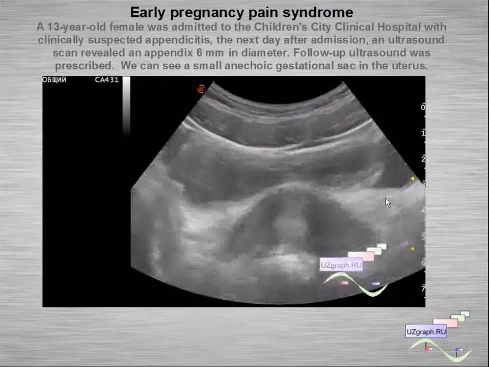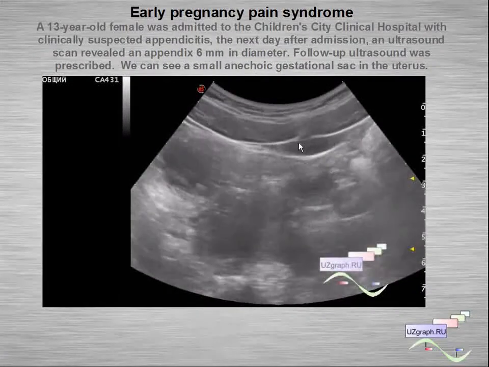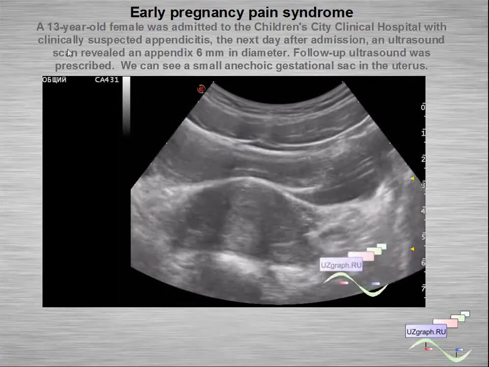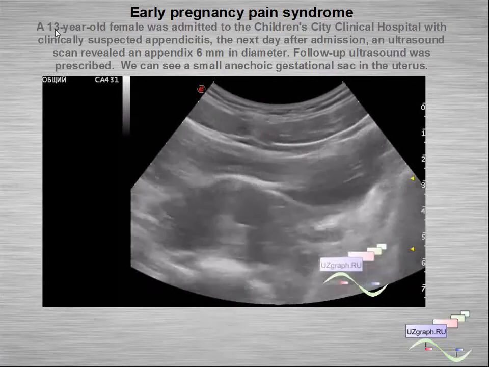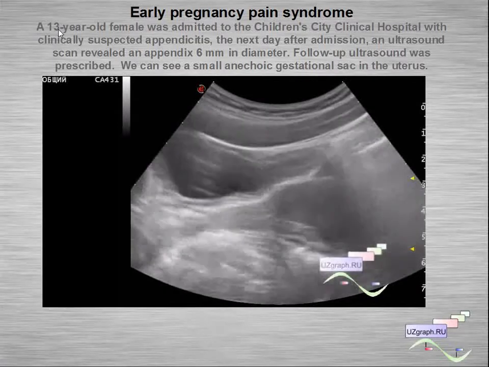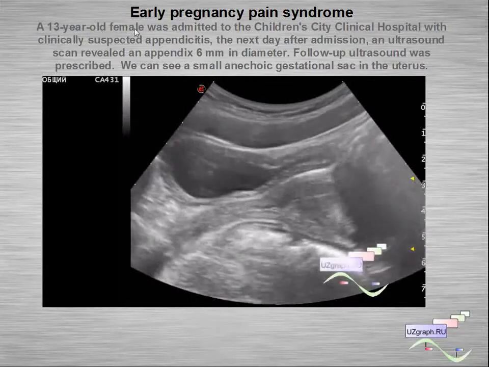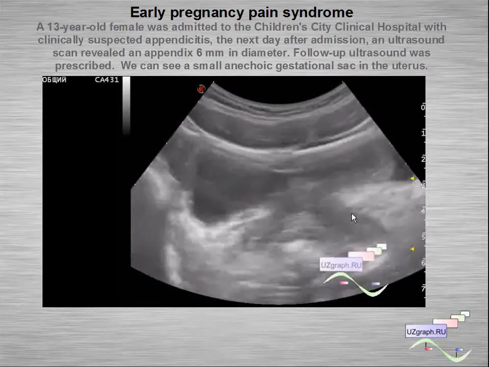In another case, a 13-year-old female with suspicion of appendicitis, and no appendicitis here, but we found the gestational sac in the uterus. It's an early pregnancy.